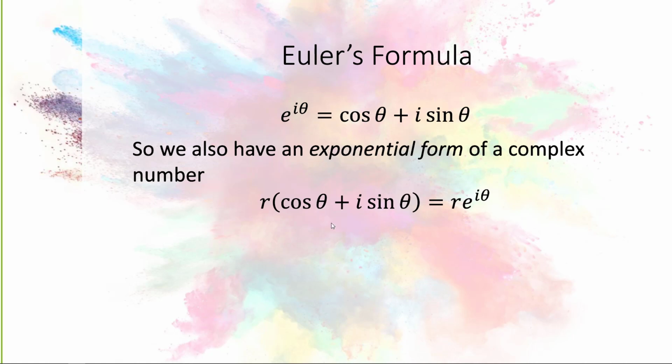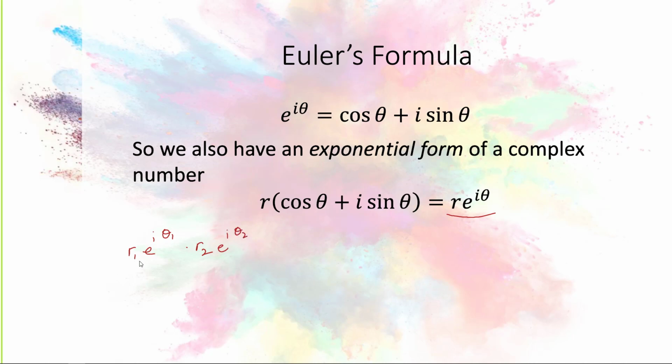And what does that mean? Well, that basically means that any complex number in trig form can be written in this way, and we can call this exponential form. And from here, the idea of multiplication and division comes out naturally. For example, what is the multiplication of two complex numbers? R1 e to the I theta 1 times R2 e to the I theta 2.